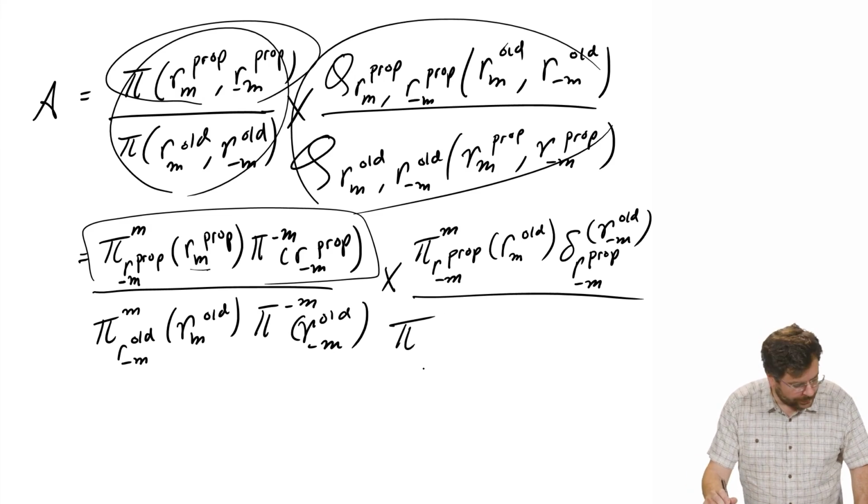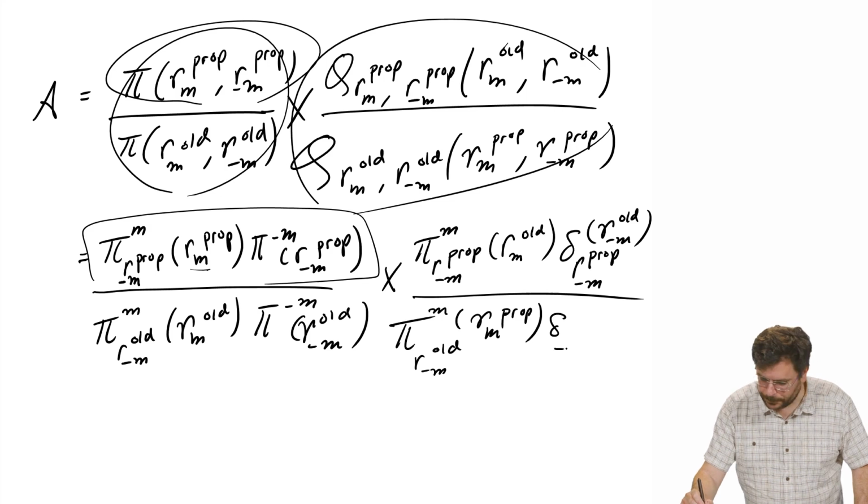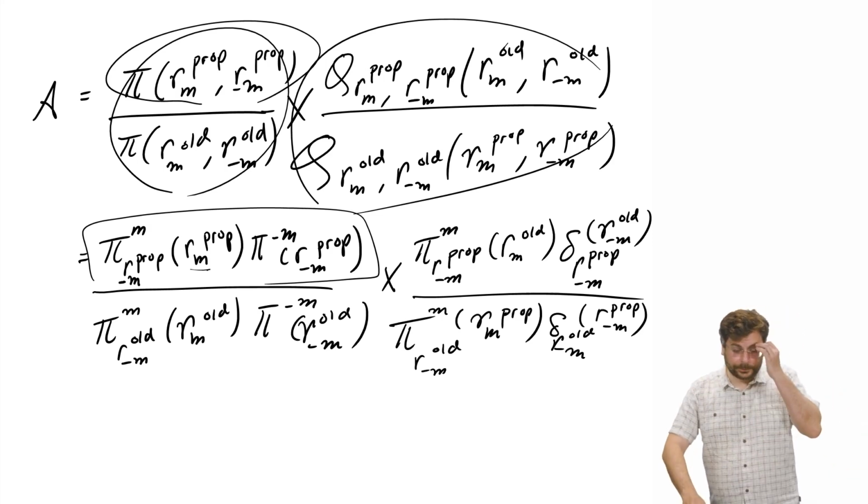And then finally in the denominator we have pi of R_-m old, R_m proposed, R_-m old, and then we have R_-m proposed. Good.